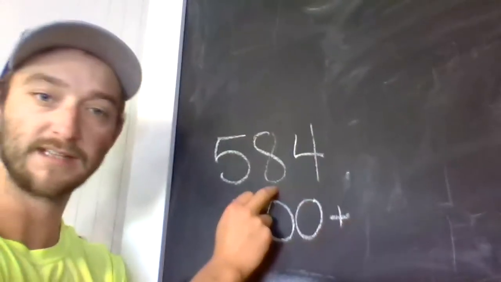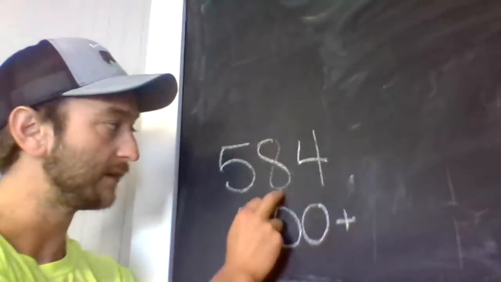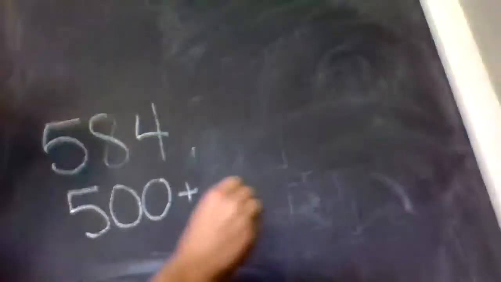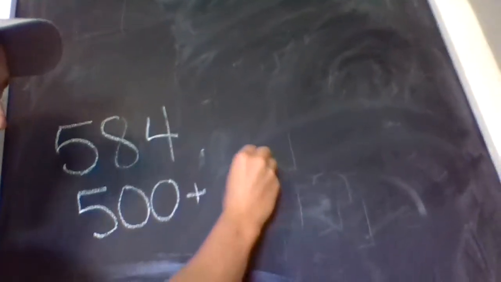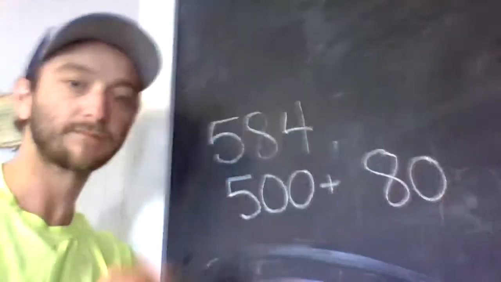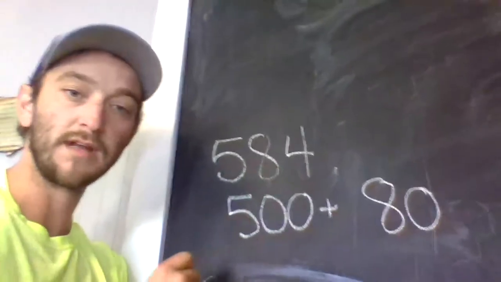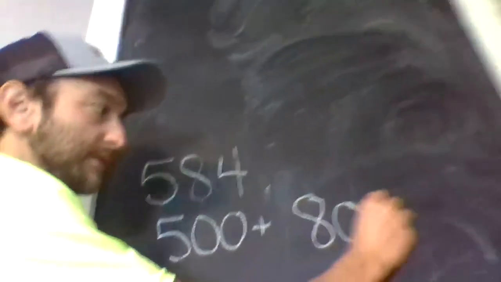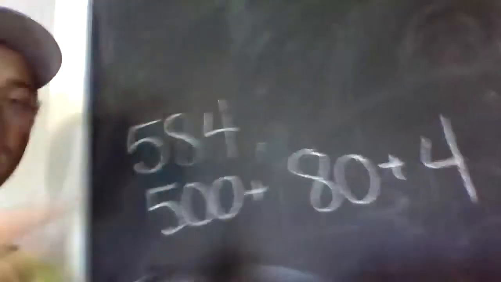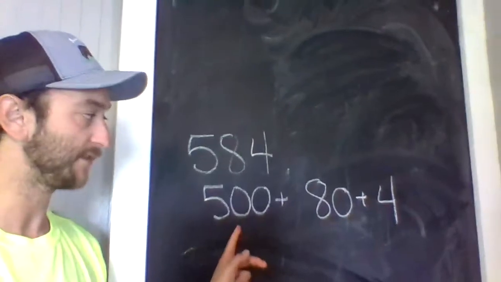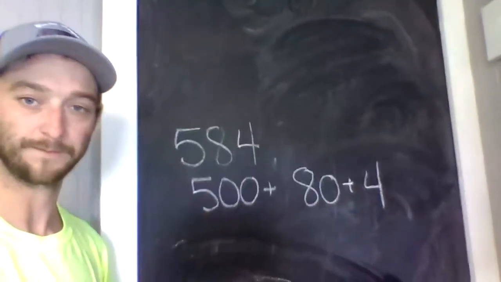Then we move on to the tens, and we have 80. 8's in the tens place, so it equals 80. Okay, then last but not least, 4, it's in the ones place, so it equals 4. So 584 in expanded form is going to be 500 plus 80 plus 4.